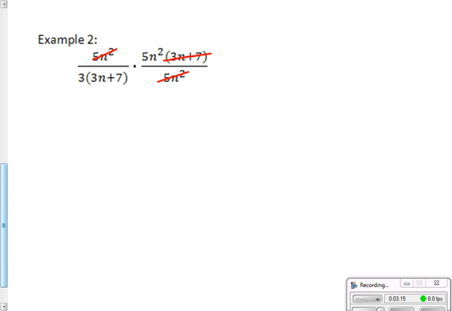What I take out of the top, I need to take out of the bottom, 3n plus 7. So basically, this would give me 1 here. I would have 1 times 5n squared, which gives me 5n squared, all over 3 times, well, this is 1 over here. 3 times 1 is 3. So my answer is 5n squared over 3.